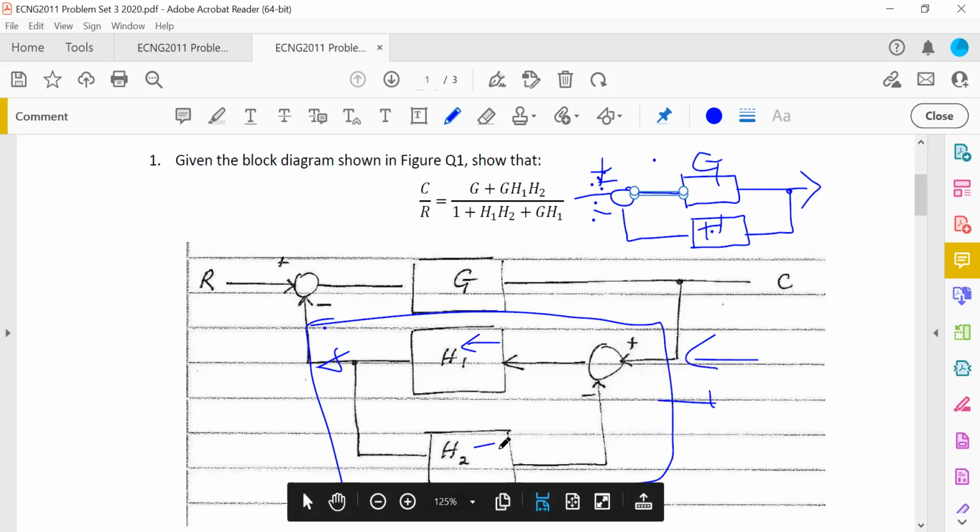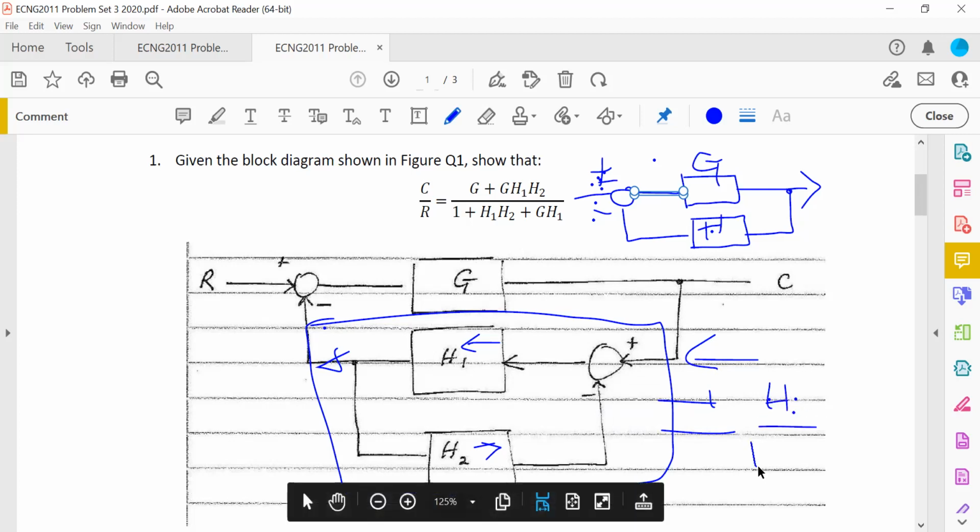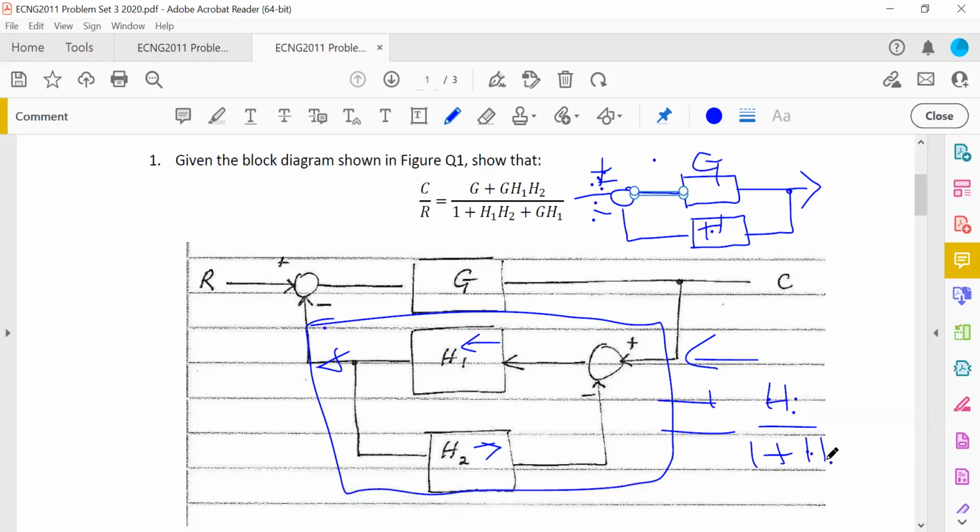So the input-output of this is going to be H1 over 1 plus H1 H2. Once you get that, then that particular entire block is H1 over 1 plus H1 H2.